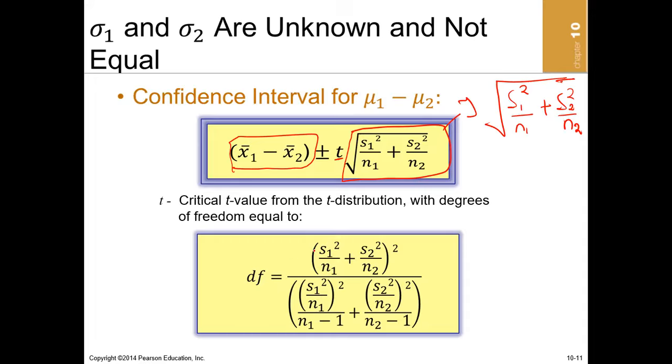In this instance, the degree of freedom formula becomes cumbersome. Everything here is the degree of freedom formula when the population standard deviations are unknown and not equal. You can pause the video and write the degree of freedom formula down.